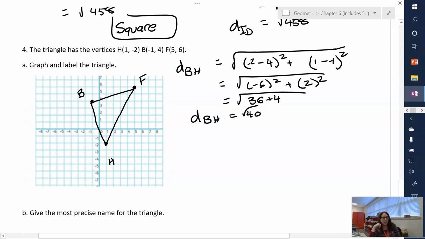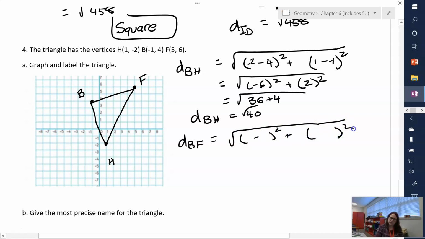Okay. Now let's get the length of BF. And then just plug in your coordinates.